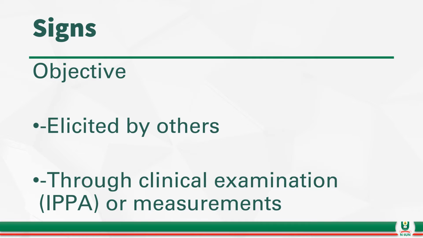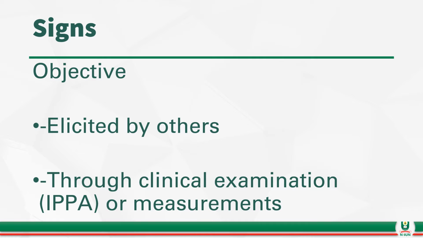So what are signs? Signs are usually objective and are elicited by health professionals. They are the ones that find out what signs are, and they do that through clinical examination, like when a doctor inspects a patient, touches a patient, and then listens with his stethoscope.